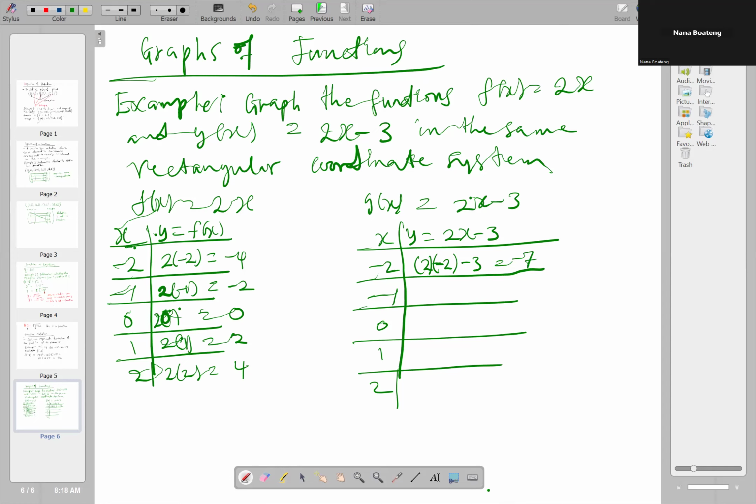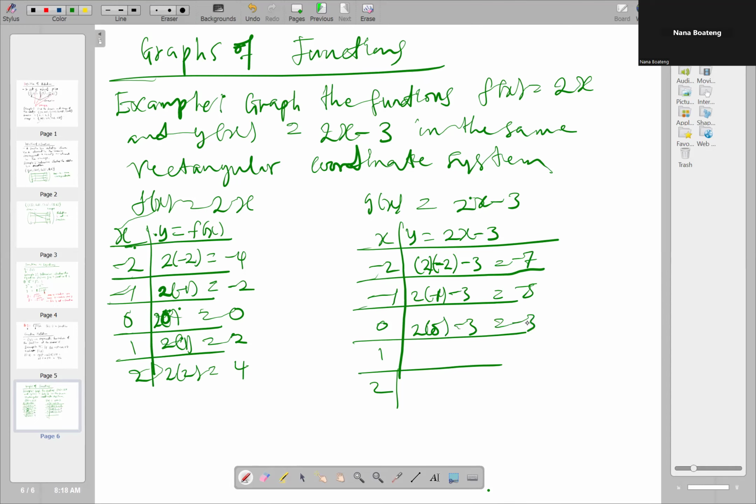If x is negative 1, we have 2 times negative 1 minus 3. So that gives us negative 5. If x is 0, we have 2 times 0 minus 3, which gives us negative 3.